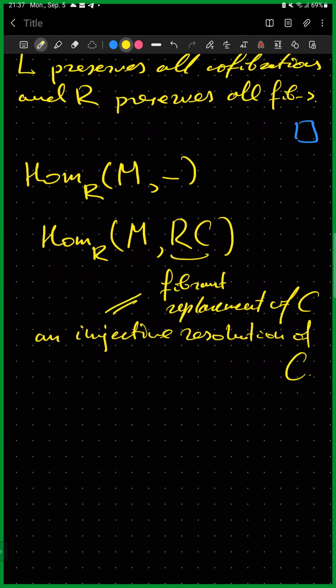So given a Quillen adjunction, it is a Quillen equivalence if on the homotopy categories we obtain an adjoint equivalence of categories.